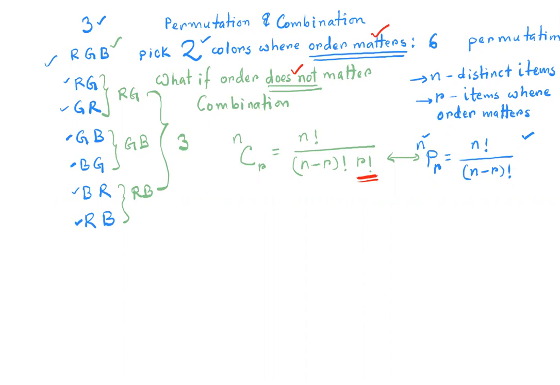So when you're solving problems, you should be thinking about whether order matters in the context of that problem or it doesn't. Any question, anybody, so far on permutation and combination?